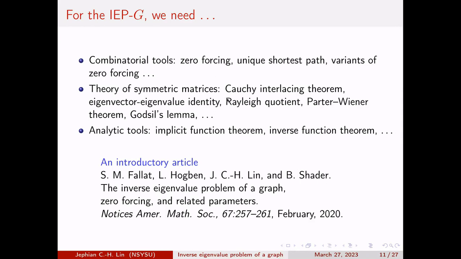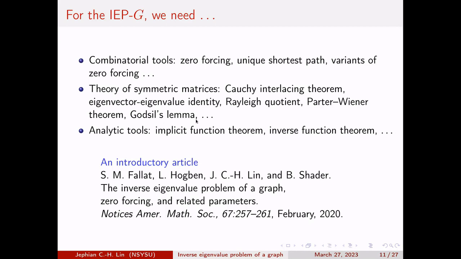On the other hand, there are a lot of interesting things about the theory of symmetric matrices. For example, interlacing, eigenvector-eigenvalue identity, Rayleigh quotient, and so on. This is perfect to introduce in this seminar, right? In Godsil's book, there is also a result about the multiplicity of an eigenvalue in a tree.